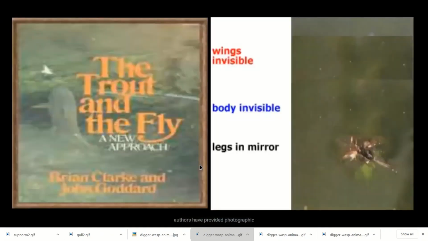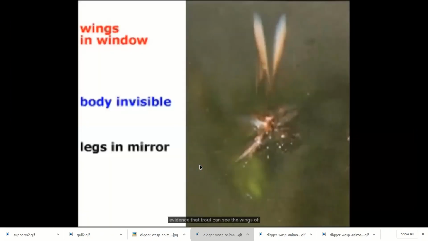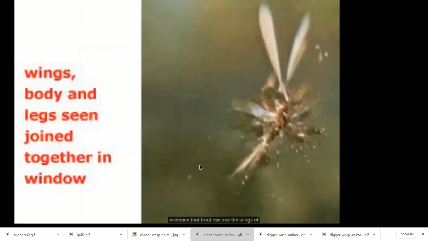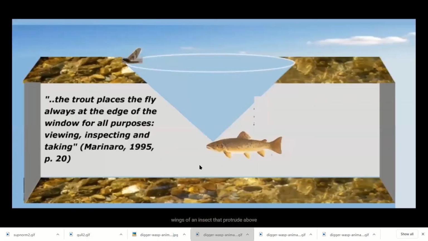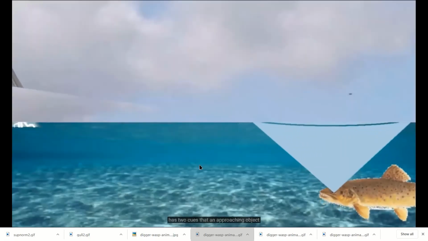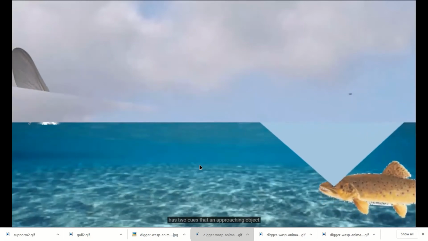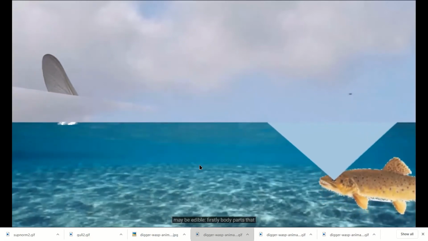A number of authors have provided photographic evidence that trout can see the wings of approaching insects in their window. The wings of an insect that protrude above an angle of greater than 10 degrees to the water surface are potentially visible in the window. Therefore, a trout has two cues that an approaching object may be edible.